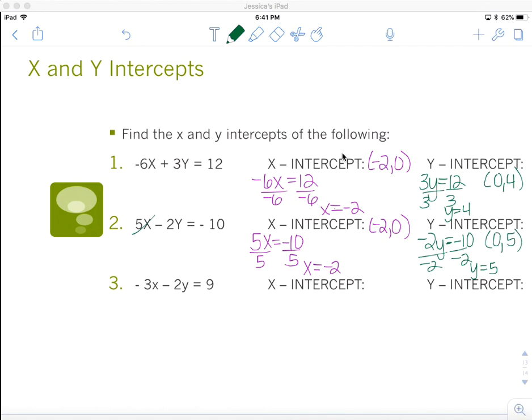Finally, on the last one, if I plug in 0 for y, then I'm left with negative 3x equals 9. I divide both sides by negative 3, and x is negative 3, meaning my x-intercept is negative 3, 0.